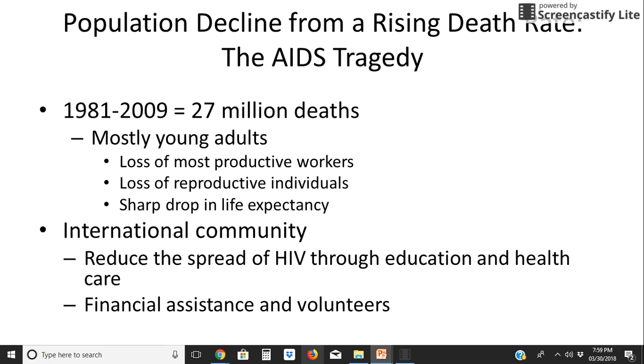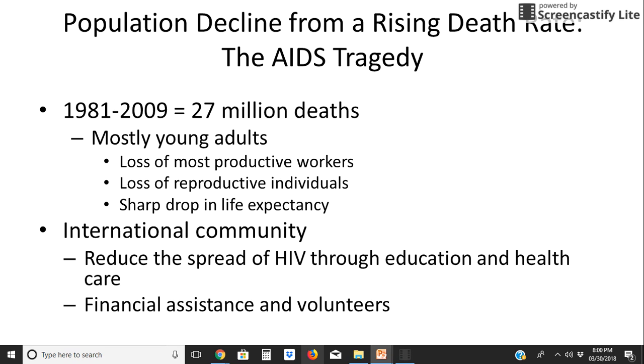And then also, there was a sharp drop in life expectancy during this time period. Obviously, HIV can be reduced through education and healthcare. There are lots of antivirals now that can actually make people not contagious, which is pretty awesome.